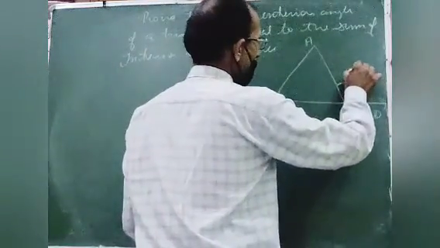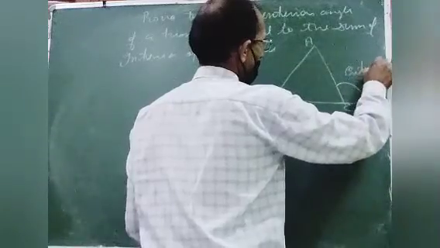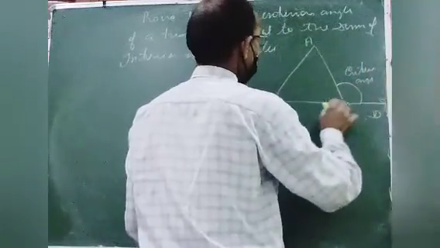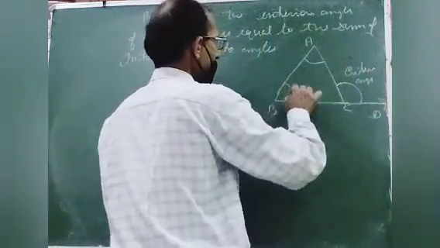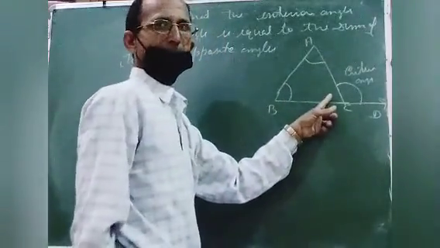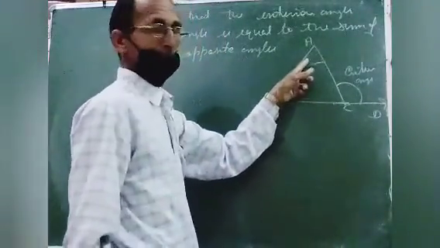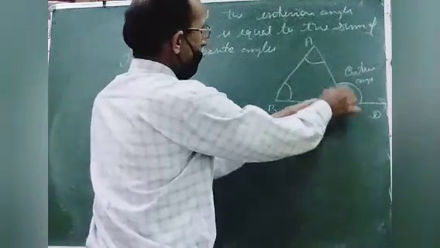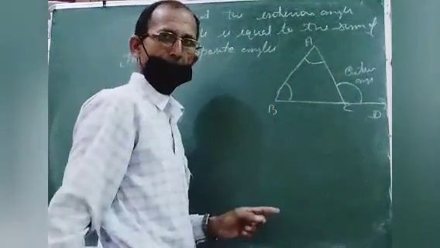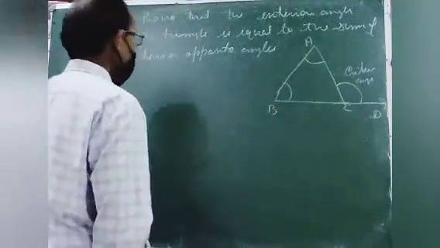So this is the exterior angle, and the sum of interior opposite angles. Note these are the adjacent angles, these angles. So we have to prove angle C is equal to angle A plus angle B. So what is given?